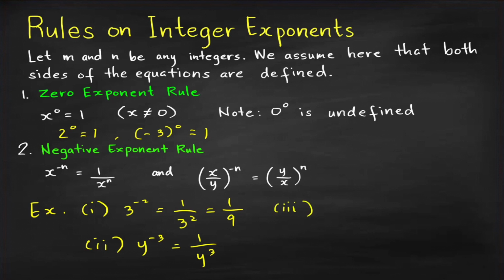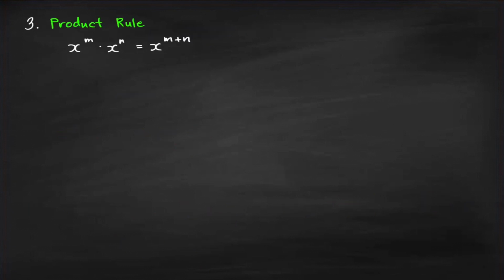Another example is, let's say you have 2 over x, and then this is raised to negative 3. If you want to make the power positive, then we just have to flip the fraction. So 2 over x becomes x over 2, and then change the sign of the power. We'll get x over 2, quantity cubed.